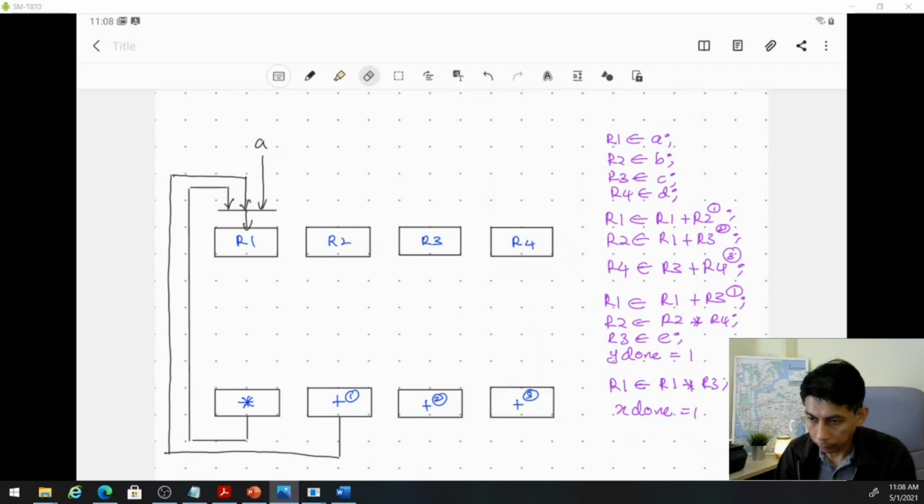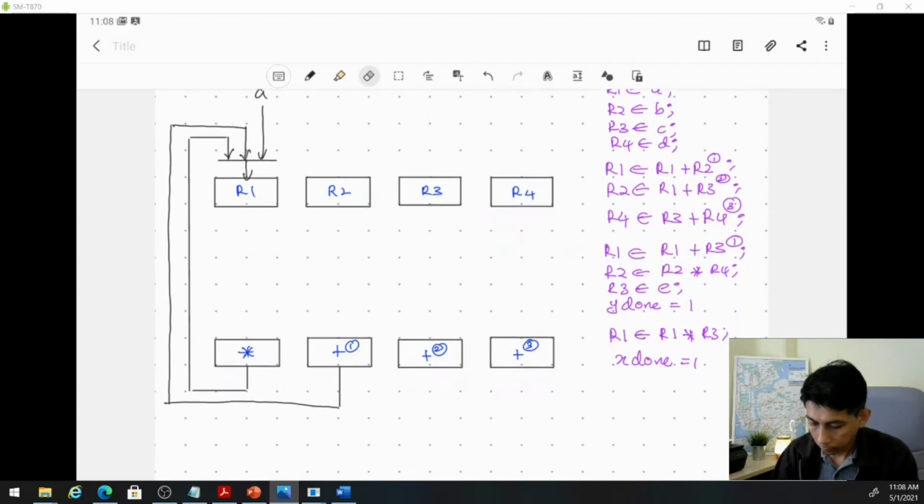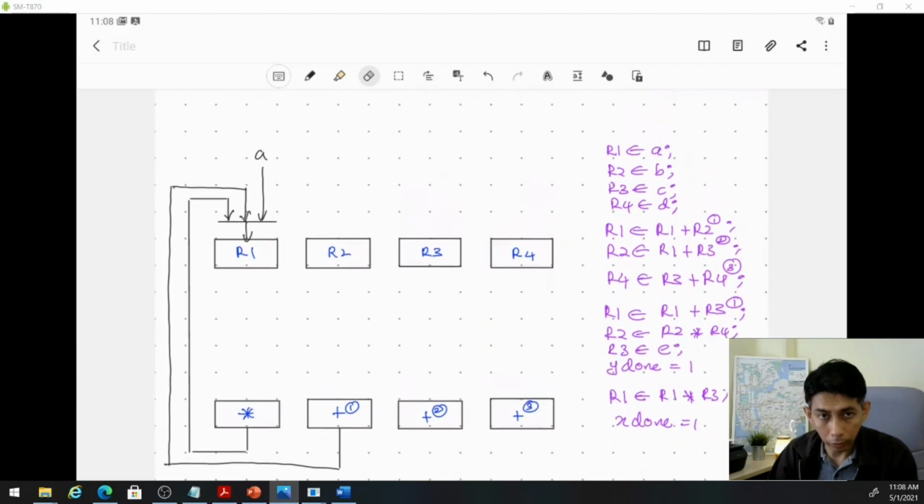So for R2, again, we need to look at the RTL code. So here is R2. One is from B. Another one is from adder number 2.